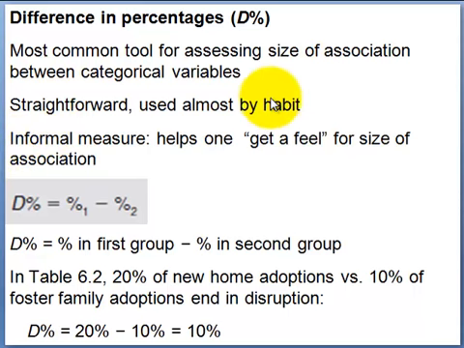And I think it's fair to say that many researchers look at differences in percentages, in essence, by habit. Here you see a formula for the difference in percentages. One simply takes the percentage in a first group and subtracts that in a second group, and the difference is our difference in percentages.